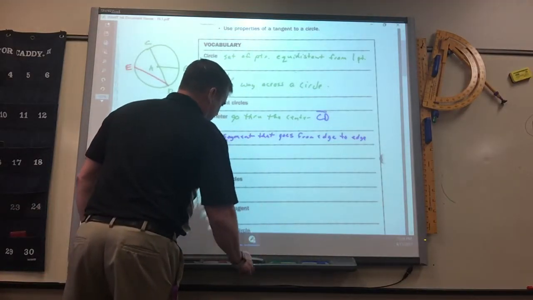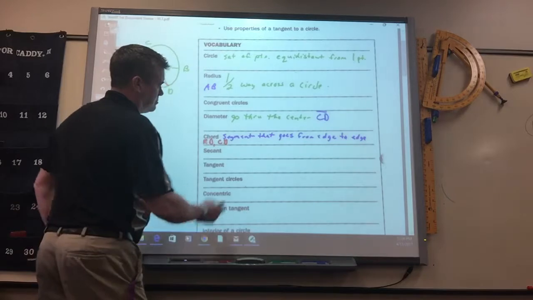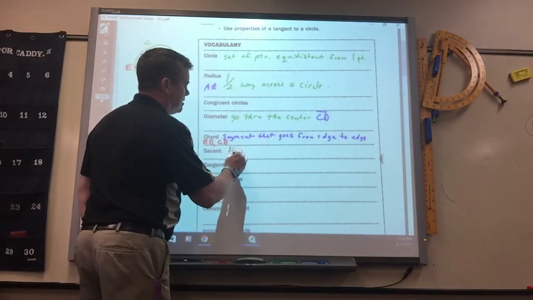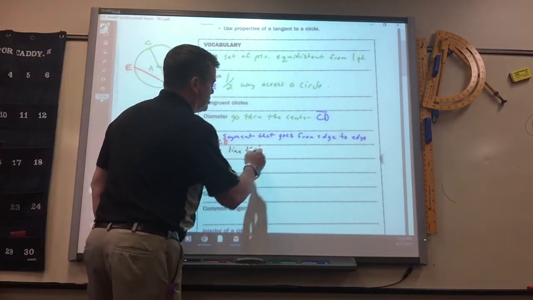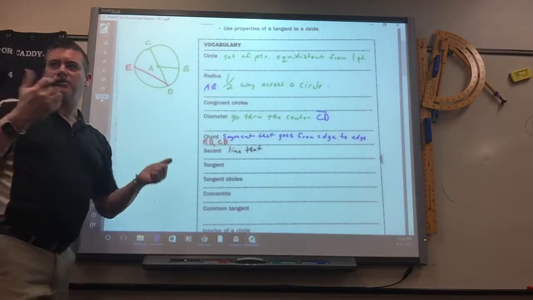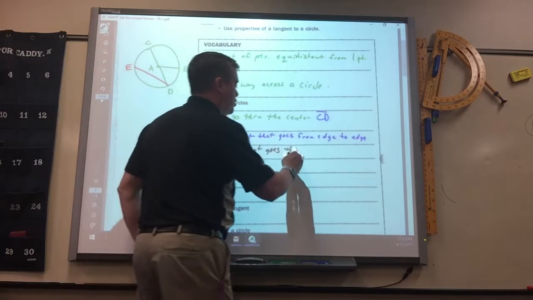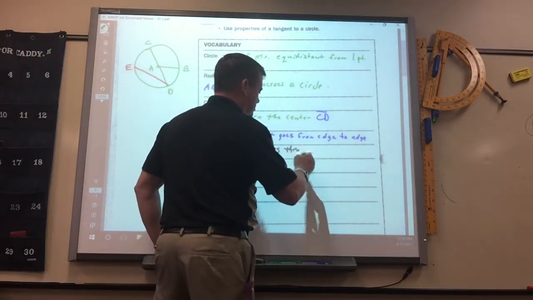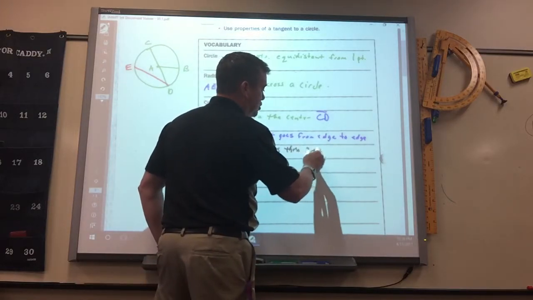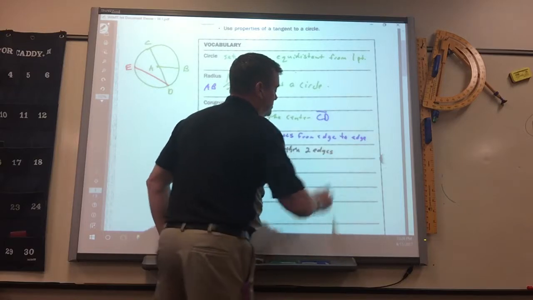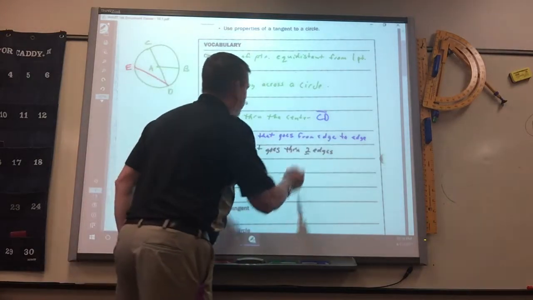All right. A secant is a line. So a line keeps going forever and ever in each direction, that goes through two edges. And it does have to be two.